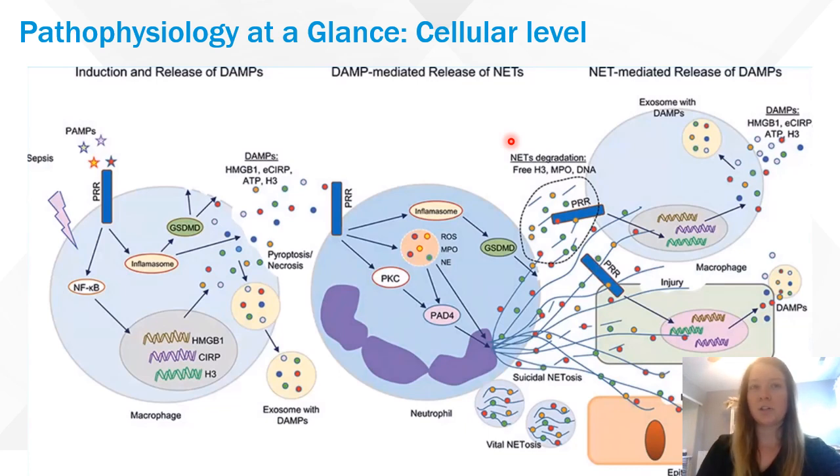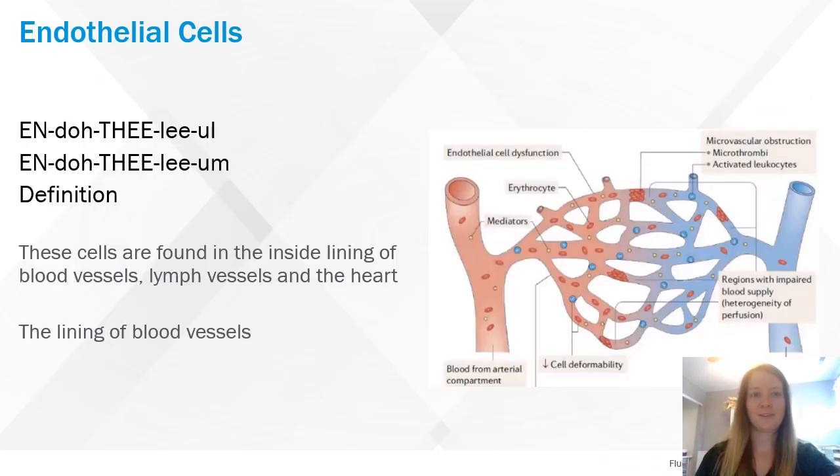So now we're going to focus on how these pathogen recognition receptors, again PRRs, are found on the endothelial cells and how that process creates the pathophysiology of what we know as extreme sepsis or septic shock. So, endothelial cells.